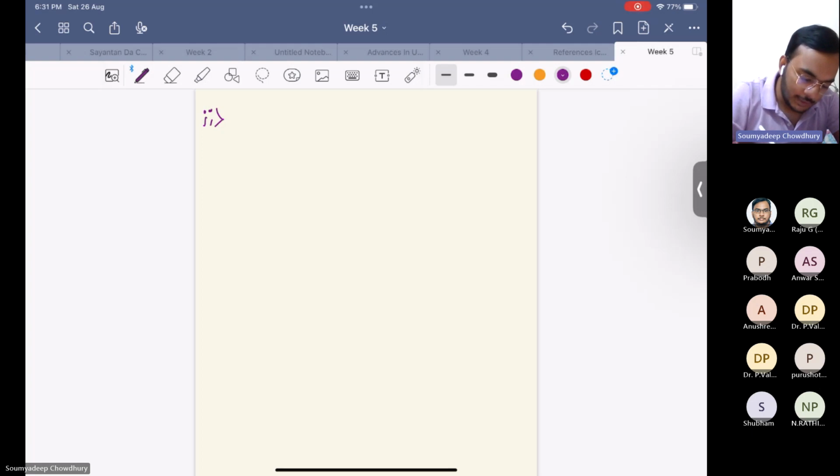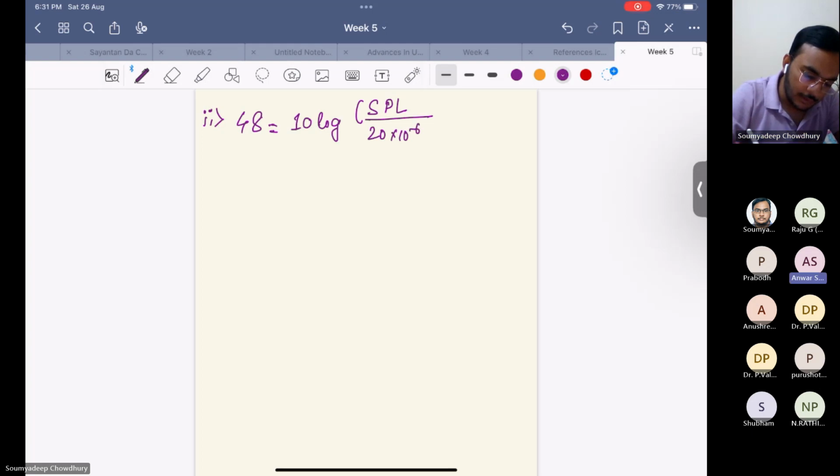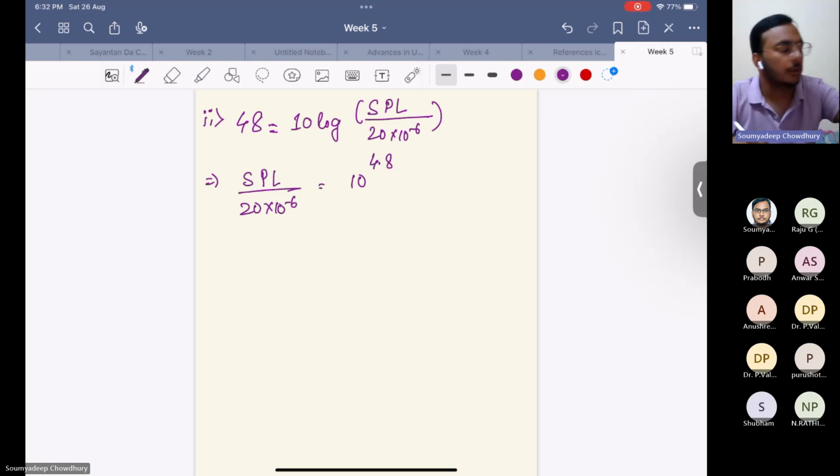So it is basically 48 will be given by anti-log of 4.8. So it is basically SPL, it is 10 to the power 4.8.